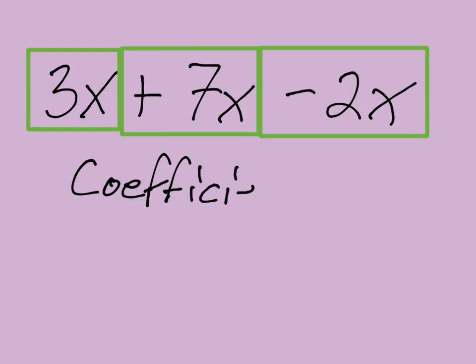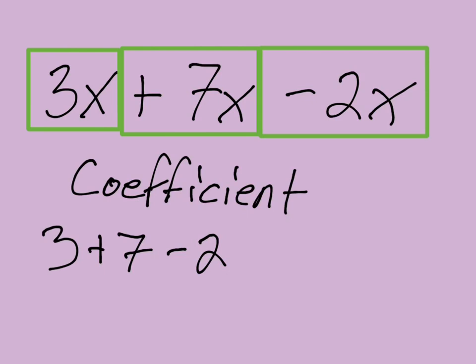So we take the coefficient, the number in front of the variables, and we add them together. So here we have 3x's plus 7x's minus 2x's. We add those all up together and we get 8x's. So when we combine those like terms, we get 8x because we're combining the like terms.